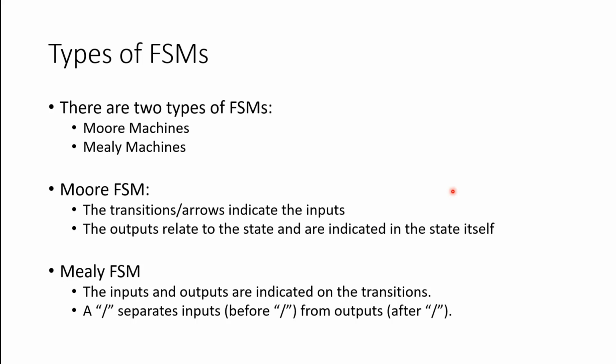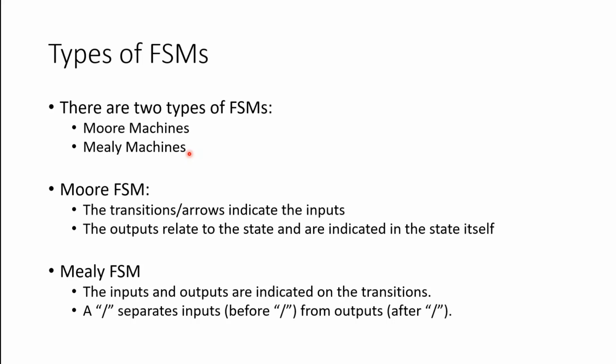Now there are two types of finite state machines which we will be looking at: the Moore machine and Mealy machines. In Moore machines, the transitions or the arrows indicate the inputs, and the outputs of a particular state are indicated inside of the state bubble itself.